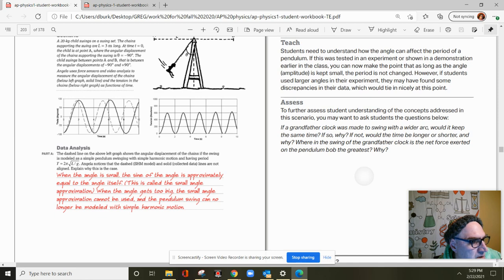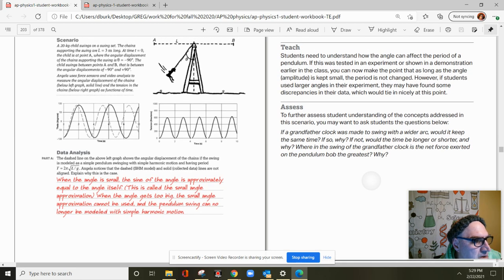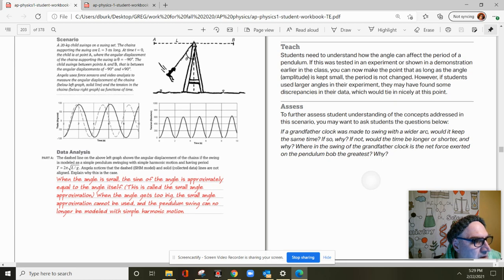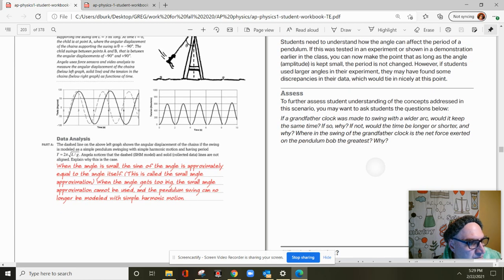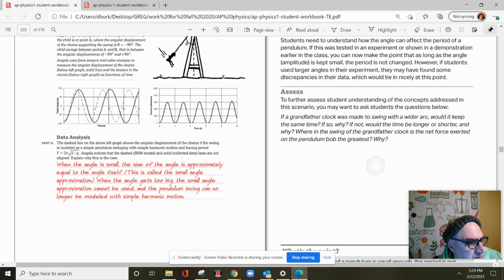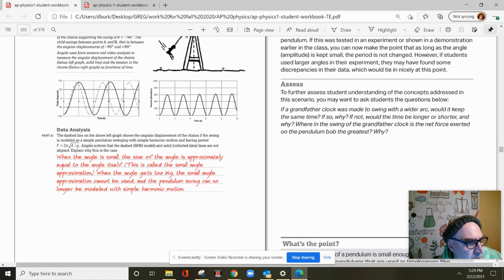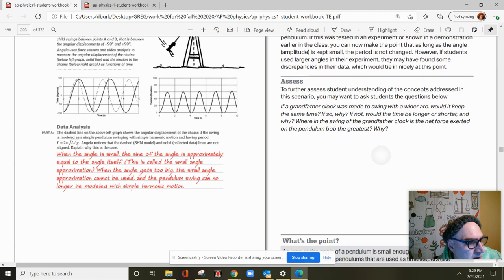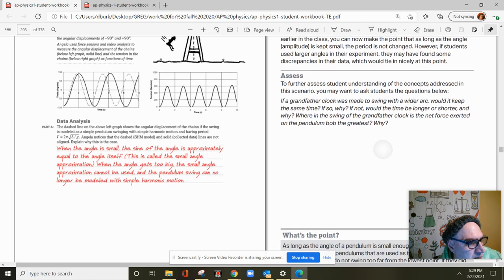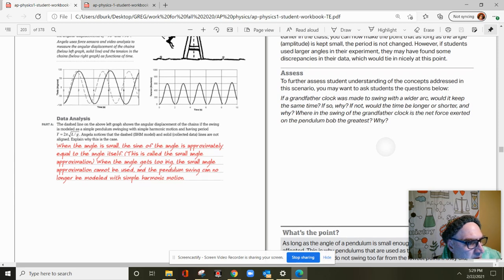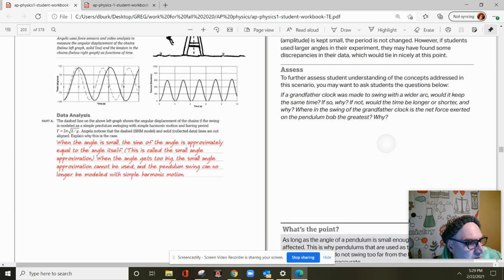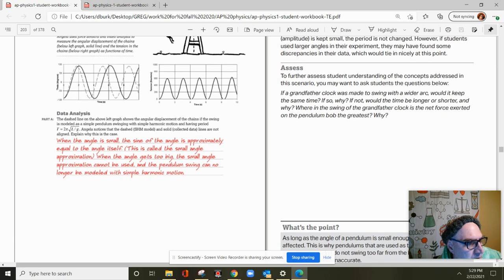So here's the angular displacement. You can see the dashed line shows if the swing is modeled as a simple pendulum with simple harmonic motion and having a period, and that the dashed line and the solid are not aligned. Why is it out of phase? It's because the angle is not small.